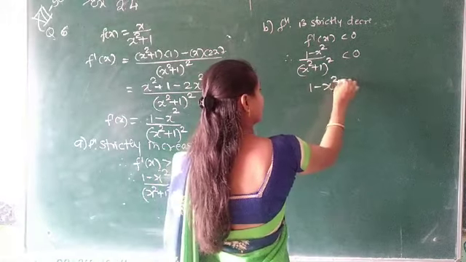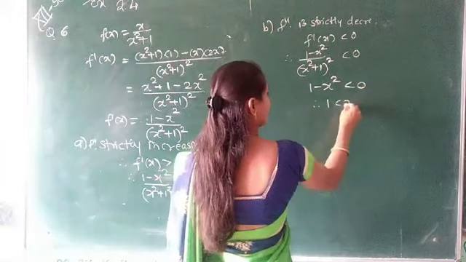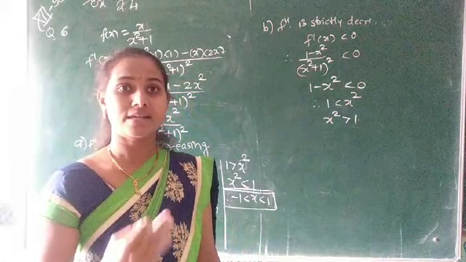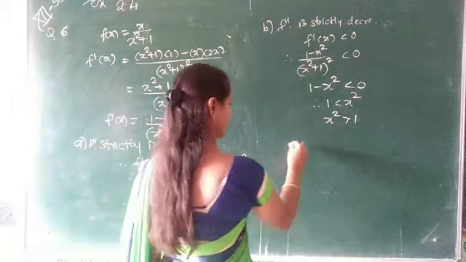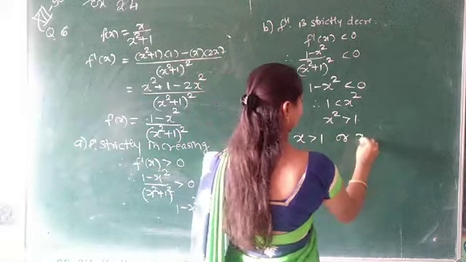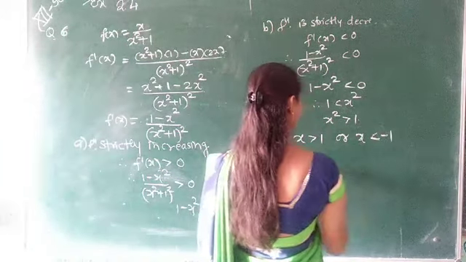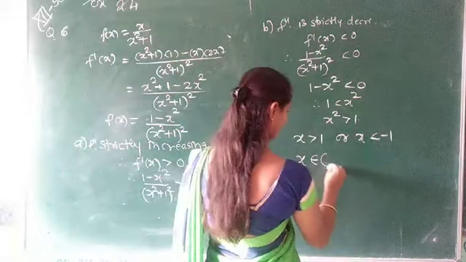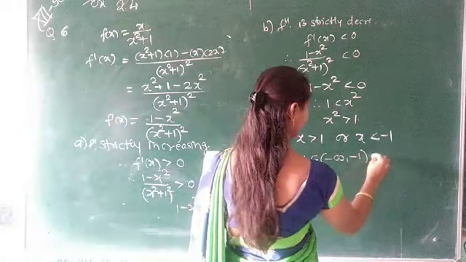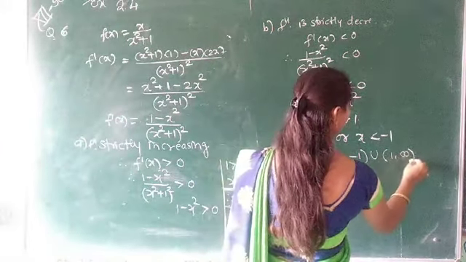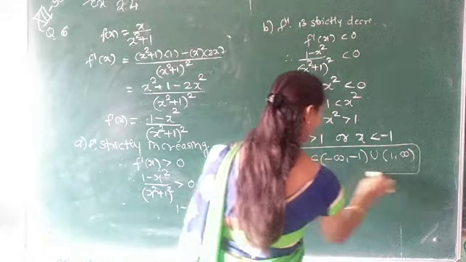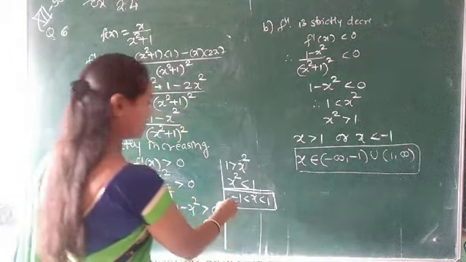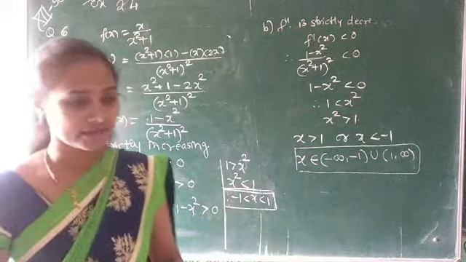That is 1 minus x square is less than 0. Therefore, 1 less than x square, that is x square greater than 1. That means here x is greater than 1 or x is less than minus 1. So these are the possible values of x. Also, we write this as x belongs to minus infinity comma minus 1 union 1 comma infinity. This is the possible values of x if the function is strictly decreasing, and the earlier one is the possible values of x if the function is strictly increasing.